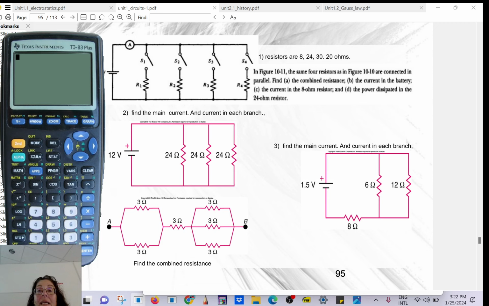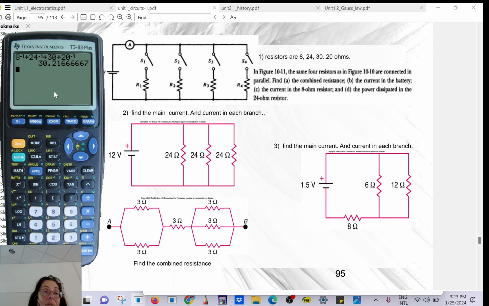You have 8, 24, 30, and 20. Can you find the equivalent resistance using that special recipe? 24 plus 30 plus 20. Are you with me?